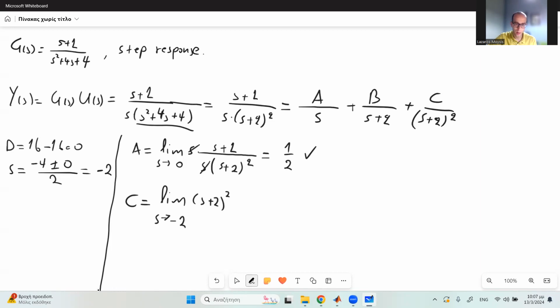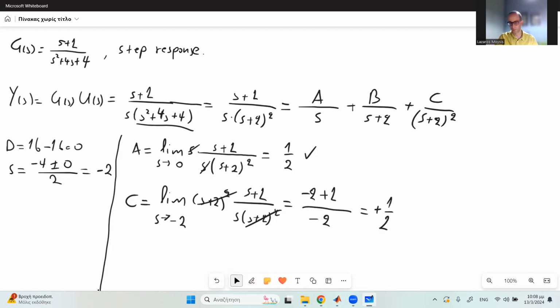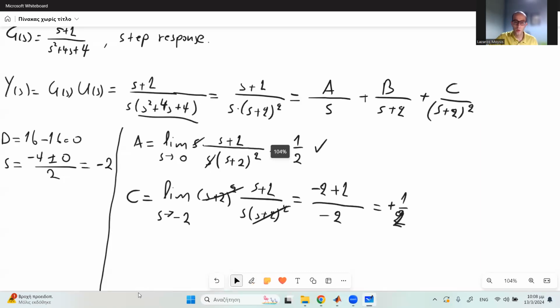I include this higher order term, so this gets removed, and then I simply replace s with -2: minus 2 plus 1 over -2, which is -1 over -2, it's plus 1 over 2. Okay, so all is good. I'm sorry, let me write it more clearly. That's better. So 1 over 2.